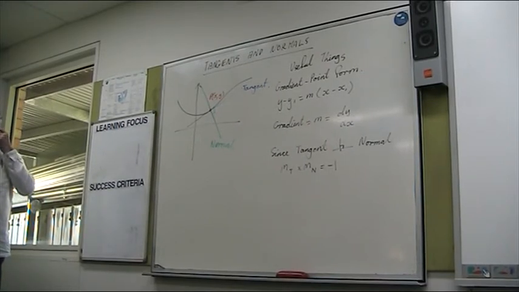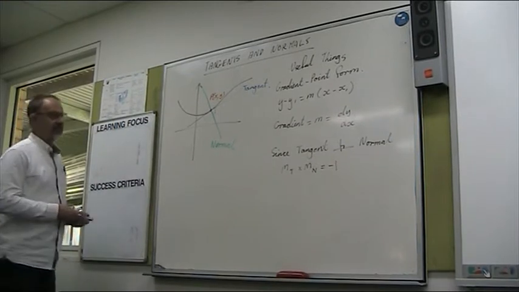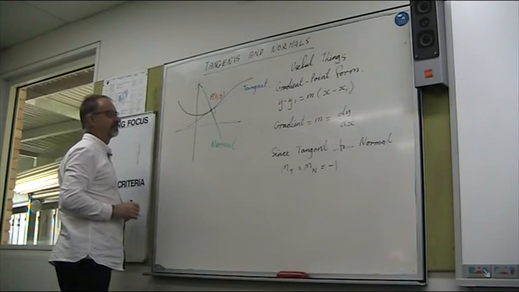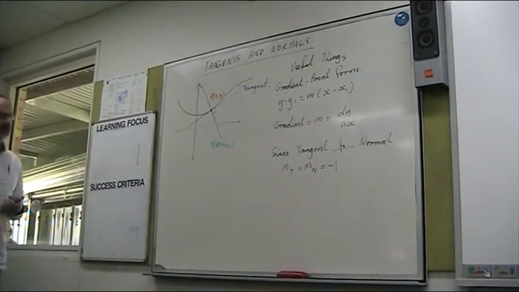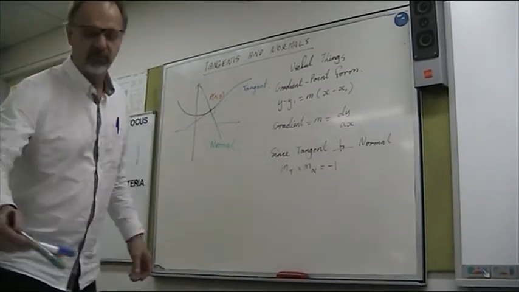All right. So we will be given the equation of that curve and asked to find tangents or normals somewhere on the curve. All right, so let's look at some examples.